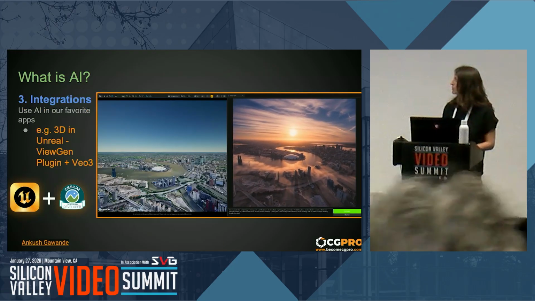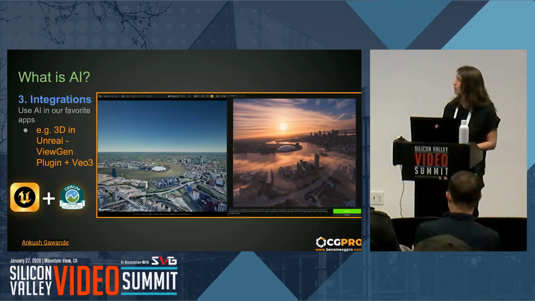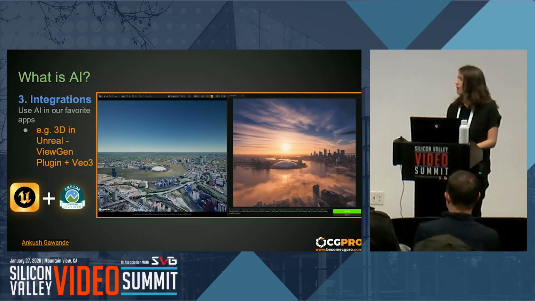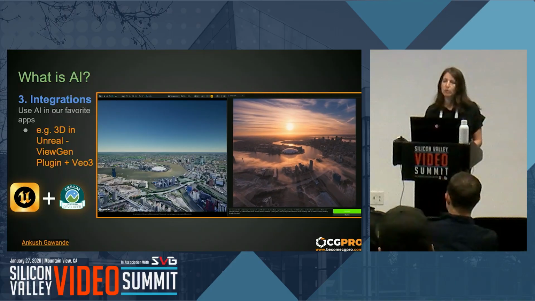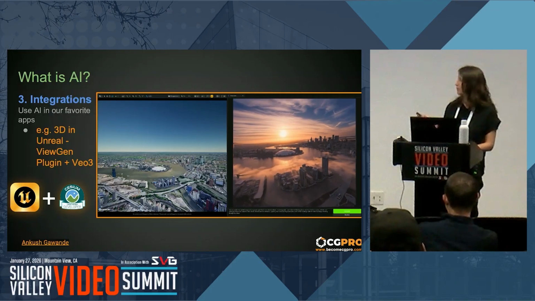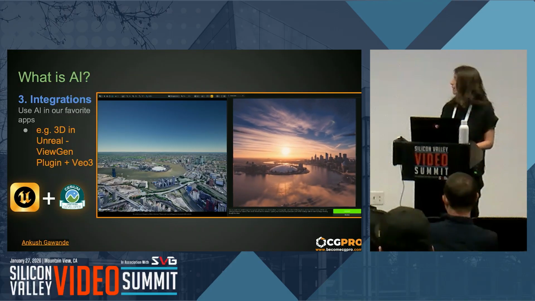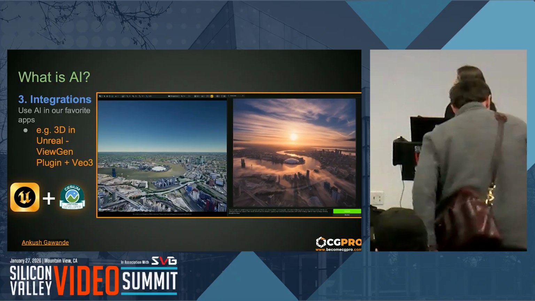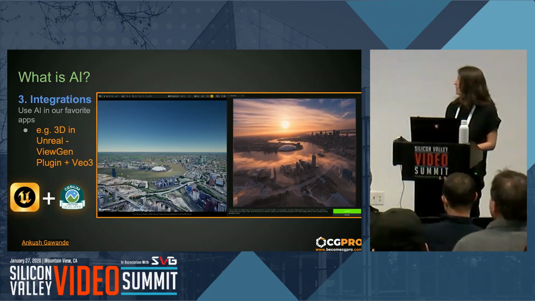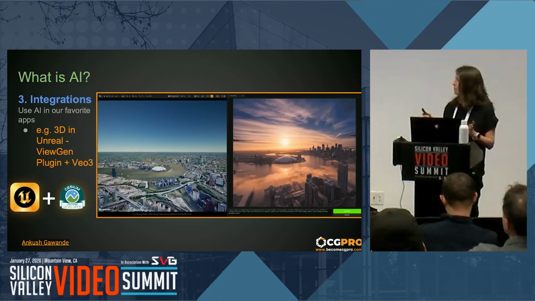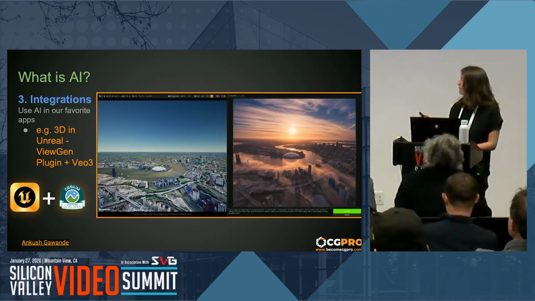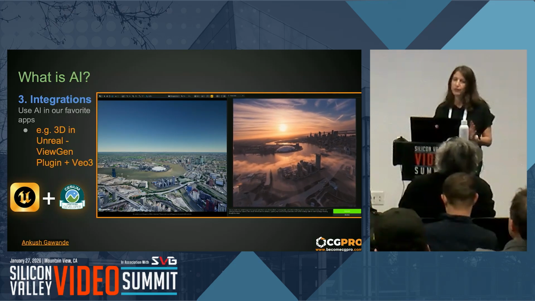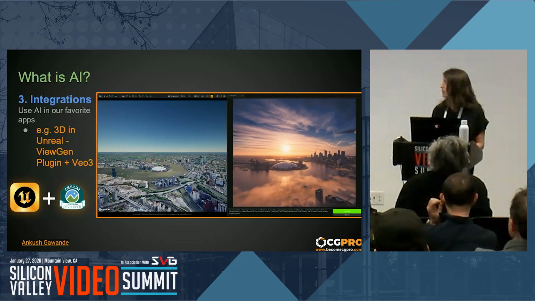First I'm going to talk about integrations, because integrations into the current tools that exist are incredibly powerful. Here's an example of Cesium, where you have a city, London, and then you can take a plugin called ViewGen, which is an AI plugin, and use it with VO3 to get all sorts of different kinds of animations, and it does a really good job.